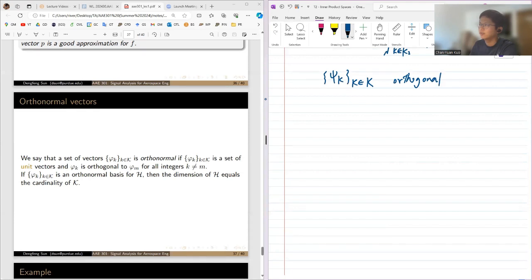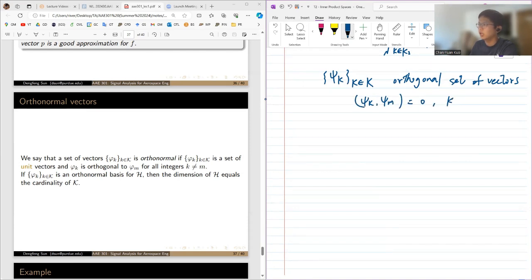That is, psi k times psi m is 0 for k not equal to m, where k and m are in this set, and the norm of psi k squared is the inner product of psi k with itself for all k in the kappa set.